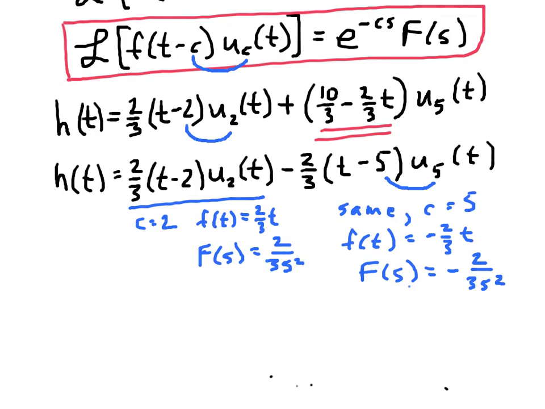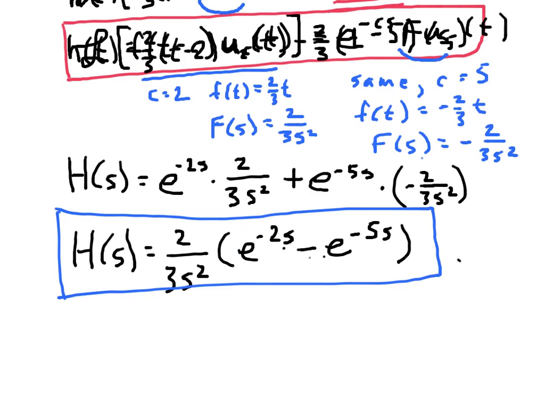So now we can go ahead and put together the transform of h, which we'll denote by capital H of s. We just have e to the minus cs, so in this case, for the first part, e to the minus 2s, times our F of s, which is 2 over 3s squared. And then for the second part, we have plus e to, so let me go on to another.